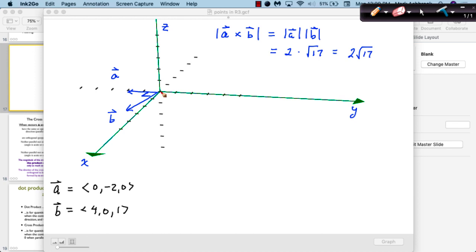If I put the tail here at the origin again, I'm going to get vectors in the xz plane that are orthogonal to this. But vectors are mobile, so I can't say it's in the xz plane; in general, it's parallel. So it's going to be something like this, or this way. And that red line is in the xz plane, in that plane that's perpendicular to the screen coming at you. So the question is, which way?